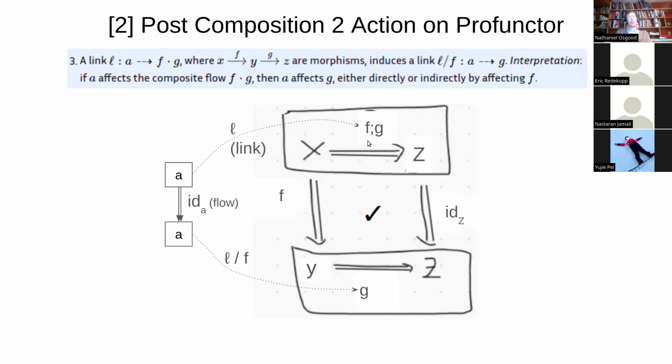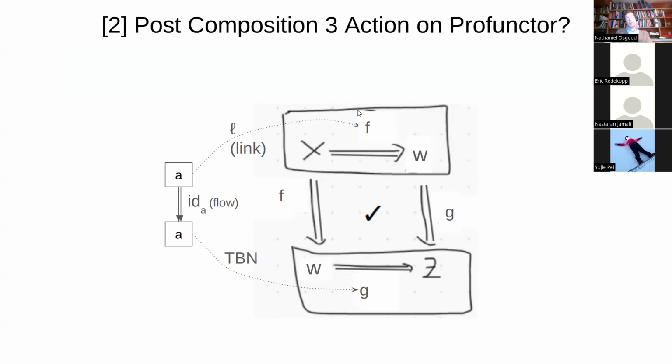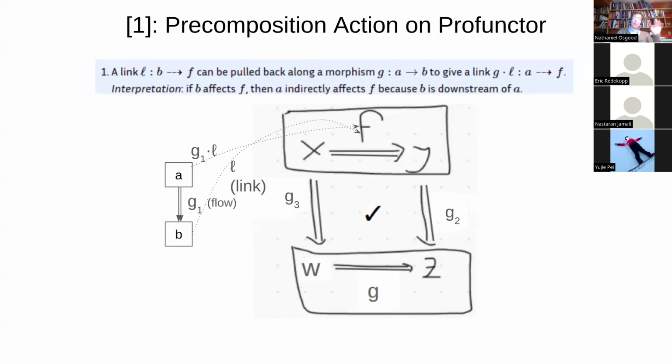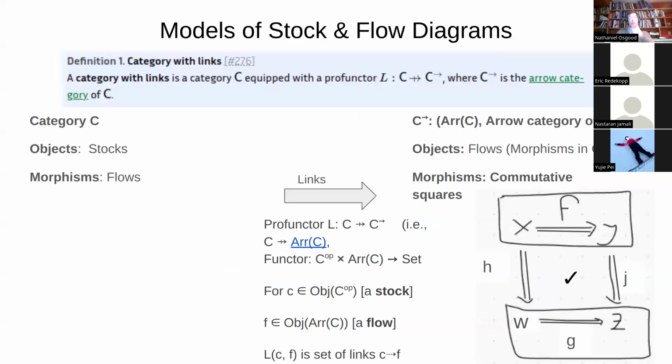But with post-composition 2, we had A pointing directly at a composite flow from F to G. Here we're pointing at an F, and we're saying, if it points to F, and G follows F in the structure, then A influences G too. Anyway, these are some thought-provoking implications of the idea of using a profunctor in this sort of way. And we're thinking over, does this make sense?